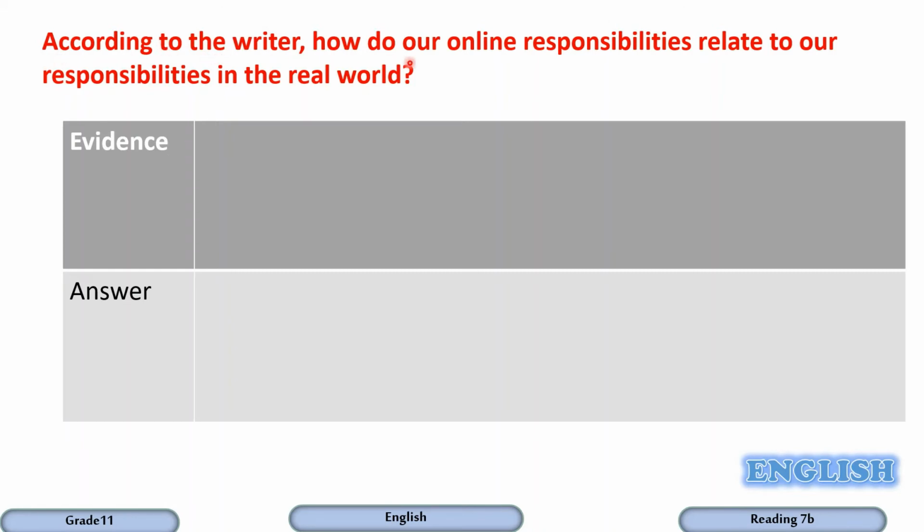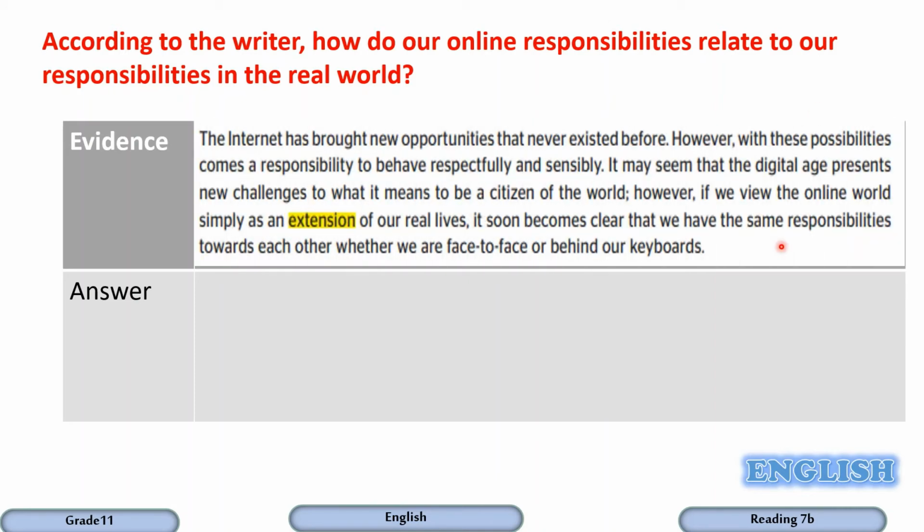According to the writer, how do our online responsibilities relate to our responsibilities in the real world? What is the relationship between our online responsibility and our responsibilities in the real world? So if we have a look at the introduction, we will find the evidence, which is about our responsibilities. Look at this evidence.